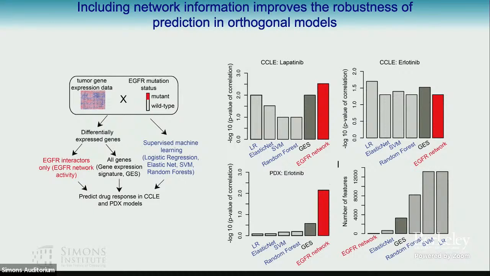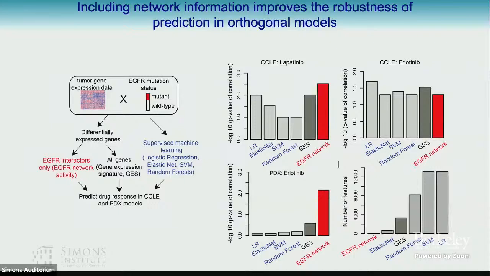Since I'm running out of time, I just want to get a couple of points across here. So one is that we were trying to understand how useful is this network for this actual exercise? Like if you just had a gene expression signature, could you find the same thing? And so what we did is we tried a number of different supervised machine learning approaches. We used gene expression signatures and then a bunch of regression-based approaches. And we assessed the same performance on the same benchmark validation exercises that we did.